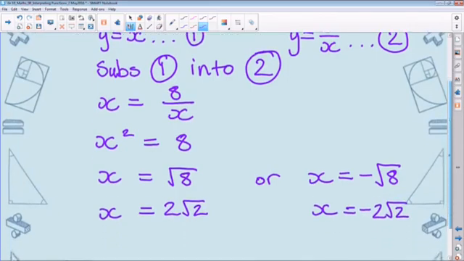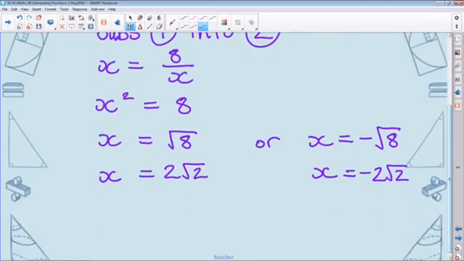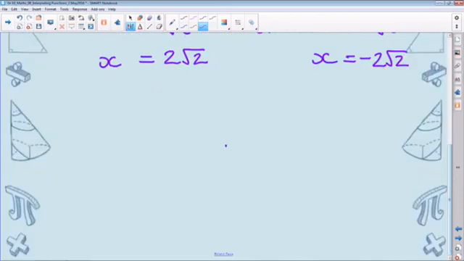Now, have we found all the values we need? No, we still need to find out what our y coordinates are. And I'll show you what I mean.